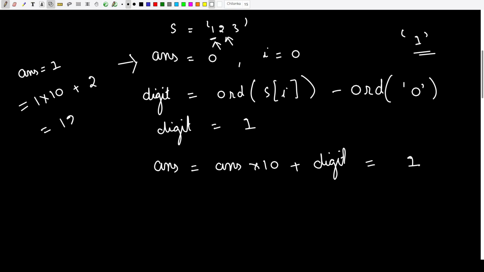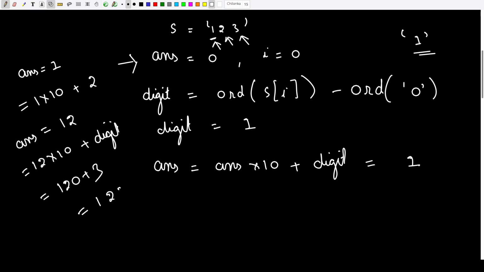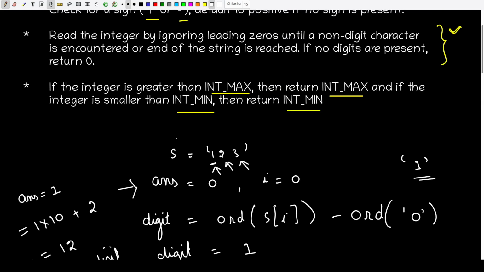This becomes 12, and answer becomes 12. Finally, when i is at this position, digit becomes 3, and our answer gets modified as 12 into 10 plus digit, which is 3 in this case. So this becomes 120 plus 3, which is equal to 123. In this way, we will be able to convert a string to an integer. So that's one of the points I wanted to discuss over here, folks.